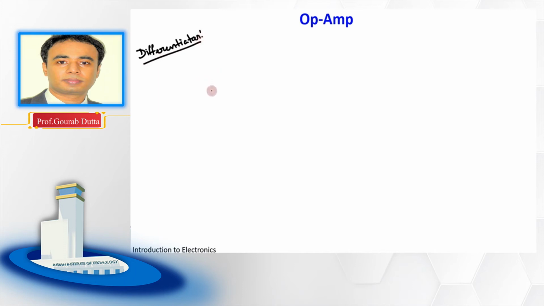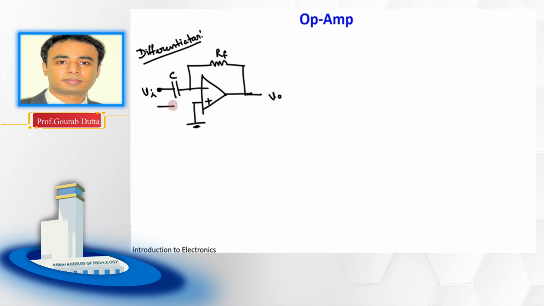Okay, so here as discussed, we will interchange the position of the capacitor and the resistor. As this resistor is placed in the feedback loop, from output to input, we will name it RF. This is the input, this is the output. If this current is I, we can consider the virtual ground concept.